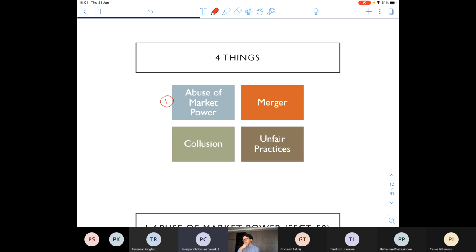Collusion is the idea that different firms are not merging or consolidating into a single firm, but they agree amongst themselves to fix something. For example, if you have two firms competing, one firm would undercut the price or try to improve the quality of the product.